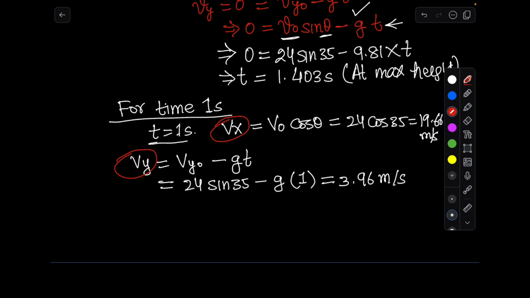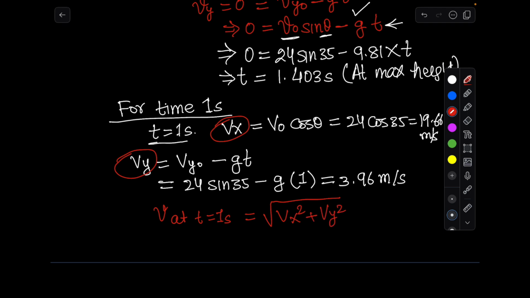So you can easily calculate V at t is equal to 1 second, which is the square root of Vx square plus Vy square.